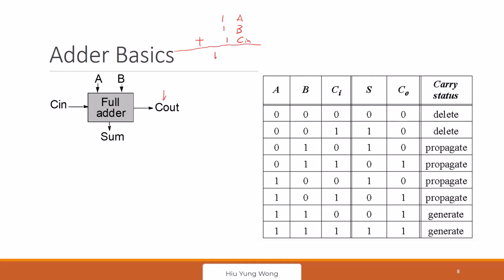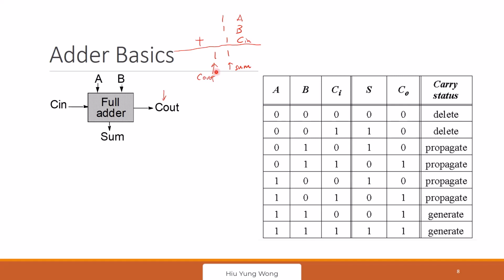Then you add them together, you will get a sum. Of course, if you go back to ask a first grader what the sum is, they will tell you 1 plus 1 is 2. But in our terminology, we call this one the carry out, because this is the one going to feed into the next most significant bit, right? So we have A, B, C in as input, and then C out and sum as the output.